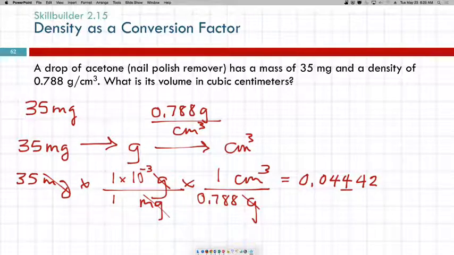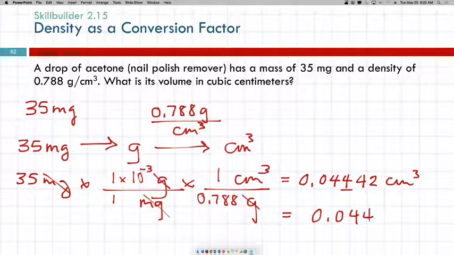Just in case I come back and realize that I screwed up, I don't have to put it in my calculator again. And then the unit, we look and we find the only unit that's not crossed off is cubic centimeters. And then my final answer, I'm going to round that 0.044 cubic centimeters.